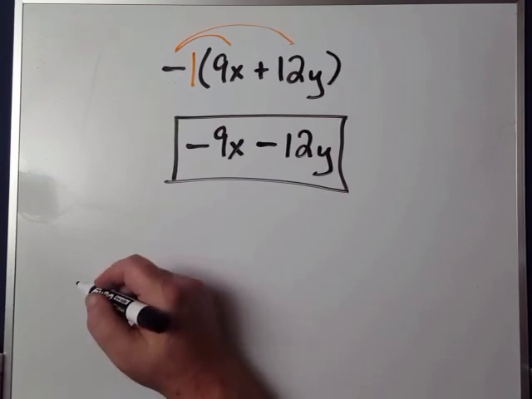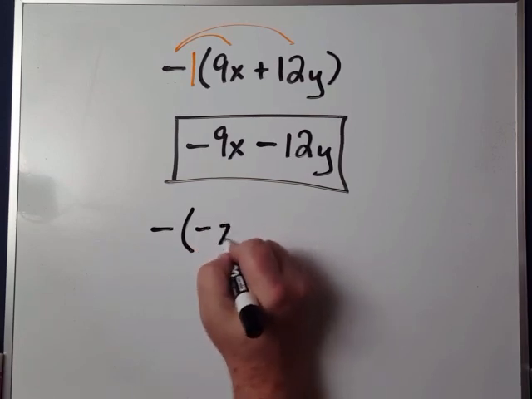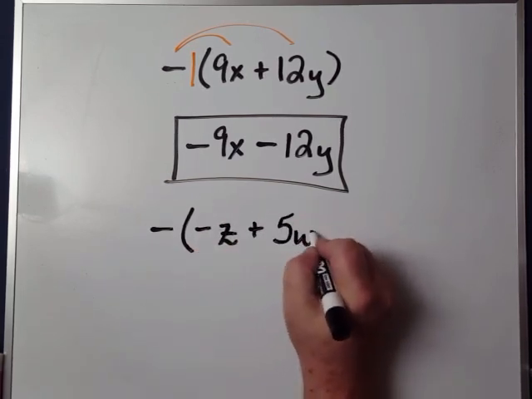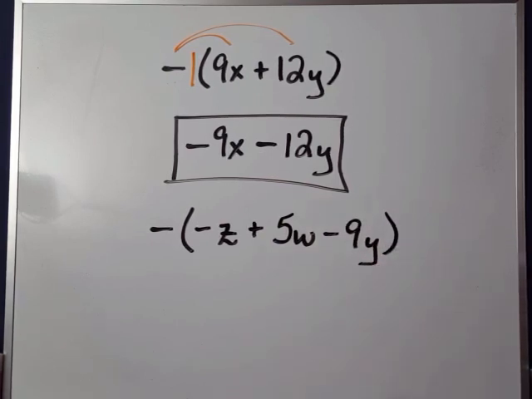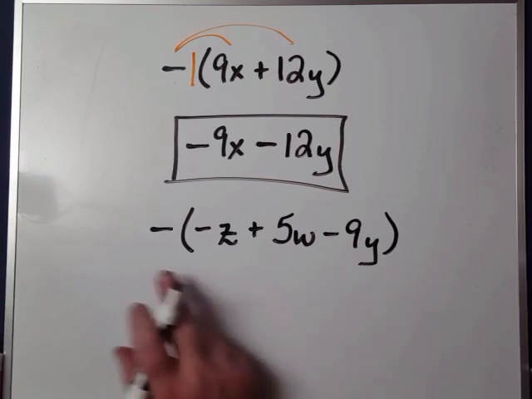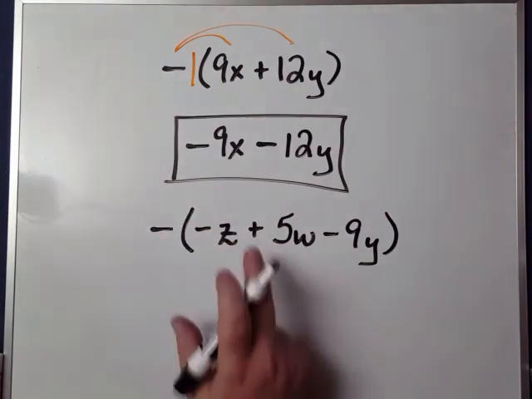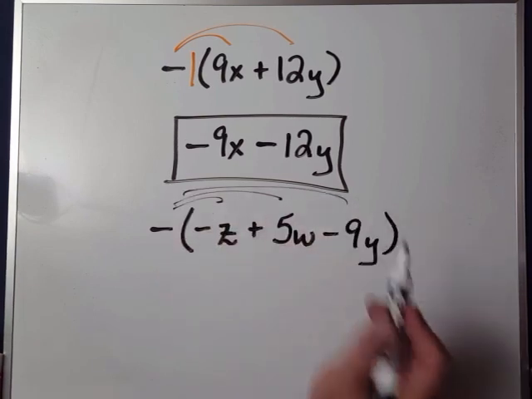So let's look at another one. Number 96. We have three terms inside the parentheses. We're going to distribute this negative, which we know is a negative 1. I'm going to say let's distribute this negative to each of these three terms.